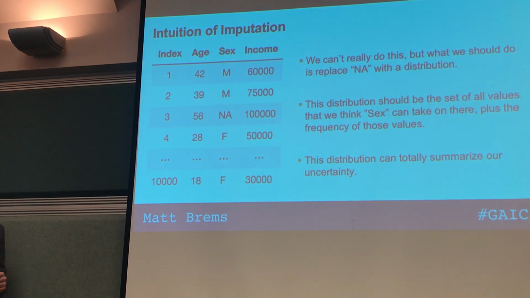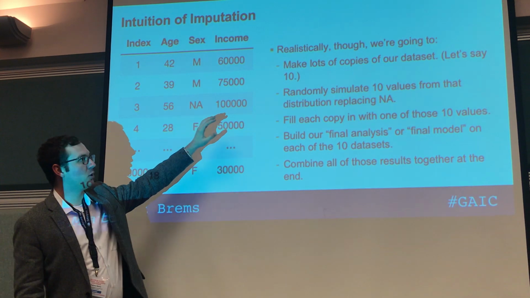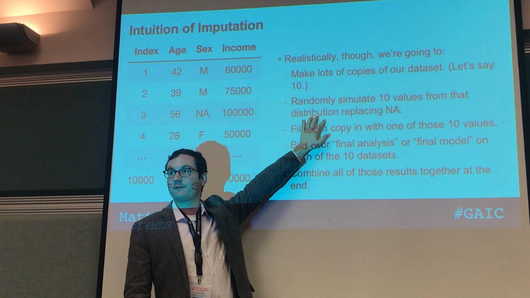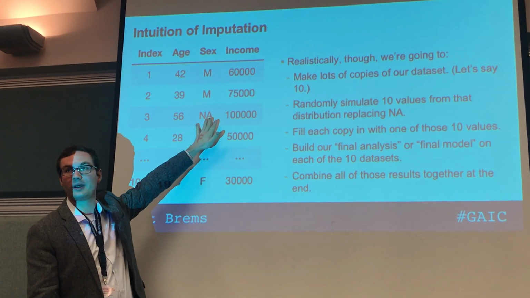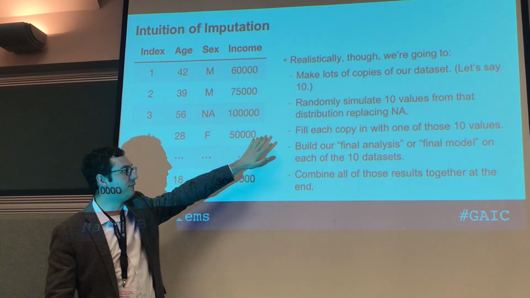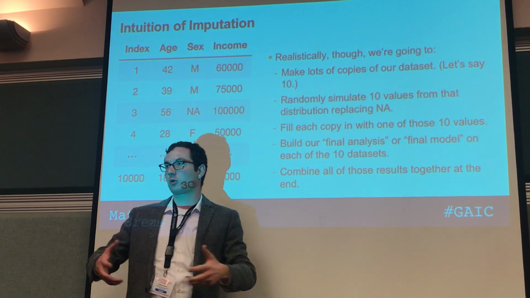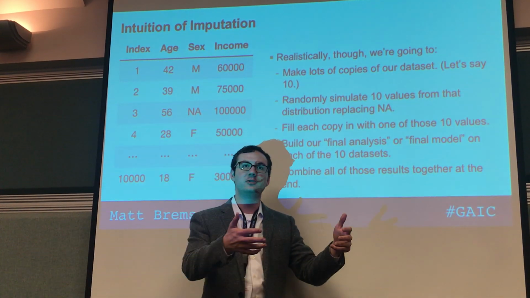So realistically, we're going to make a lot of copies of our data set. We're going to randomly simulate 10 values from whatever that distribution is that we get from making a prediction about sex or income or age or whatever we're trying to fix. Fill each copy in with one of those 10 values. We do our final model or our final analysis on each of those 10 data sets, and then we're going to combine those results together.